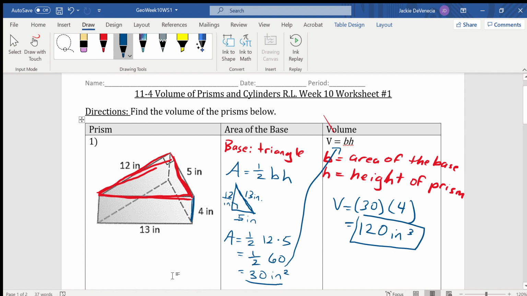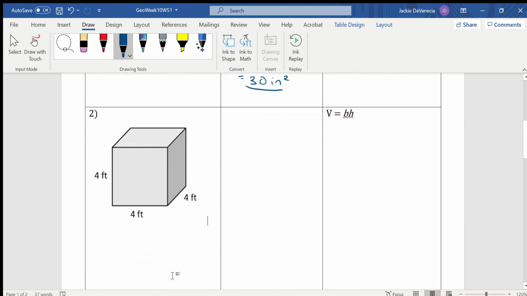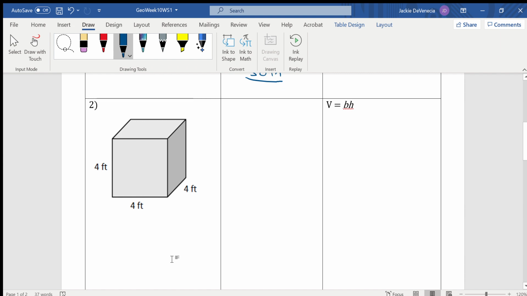Now let's scroll our way down to this figure. This one is a cube. And what we know about a cube is that all the sides are equal. Now here, notice how there really isn't a triangular or rectangular. You don't say squareoid, cube.